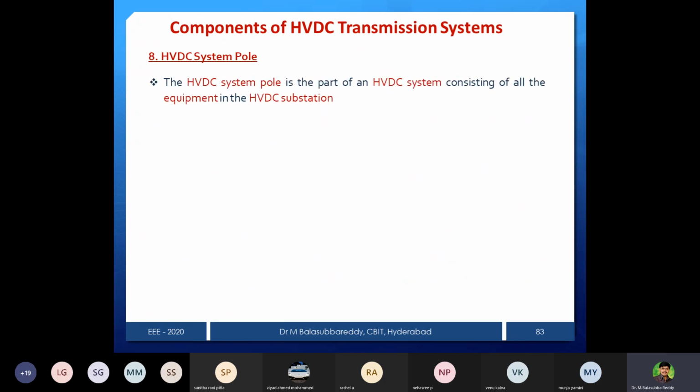Then system poles. A pole is a part of the HVDC system, as I mentioned, a positive pole and a negative pole. For all the equipment in an HVDC substation, there is a plus side and a minus side. That depends on the rating, and you can decide. Preferably, negative polarity conductors are used if you are not using two conductors.